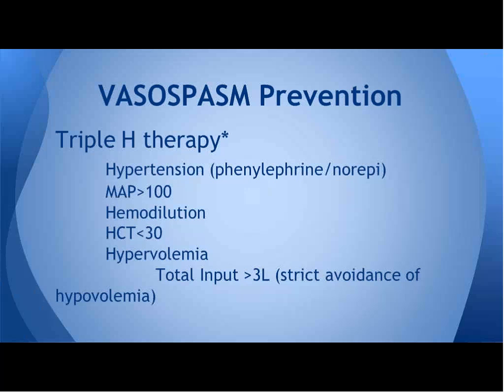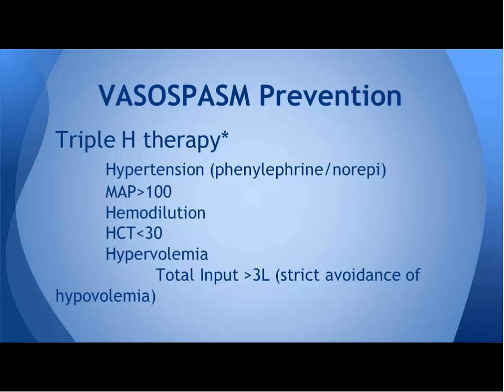and weren't as aggressive. But hypertension, the goal is to maintain your mean arterial pressure greater than 100. And this is specifically after you've secured the aneurysm. You cannot do this if you have an unsecured aneurysm. So you maintain your mean arterial pressure greater than 100.